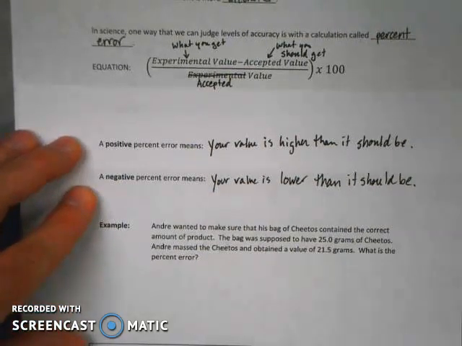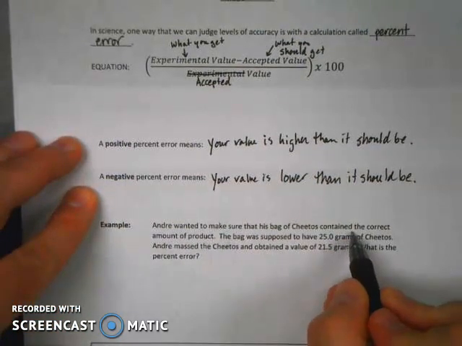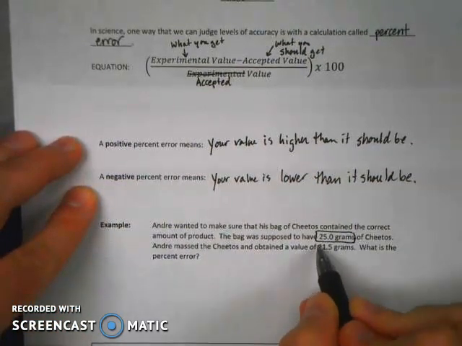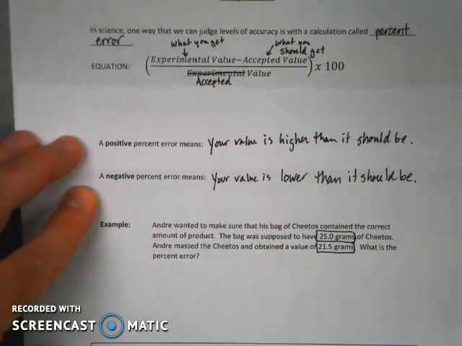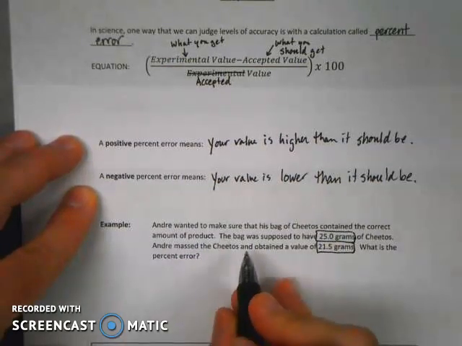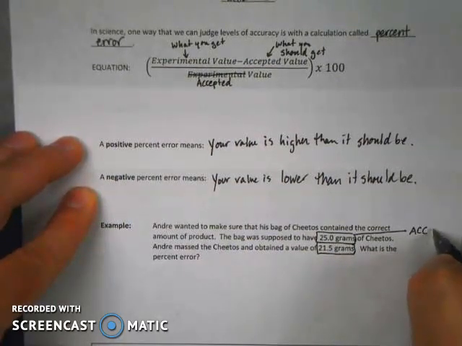So with that, we are given two measurements here. We are given 25 grams and we are given 21.5 grams. One of them is what Andre got and one of them is what it should be. So the bag was supposed to have 25 grams, so that's our accepted.